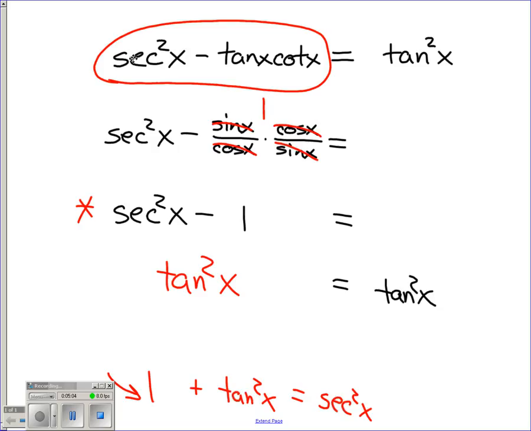Let's take a look at example 2 on the next page. Again, the directions here: verify that the two expressions for L of theta are equivalent. In other words, show that this is an identity. Let's take a look at this one.